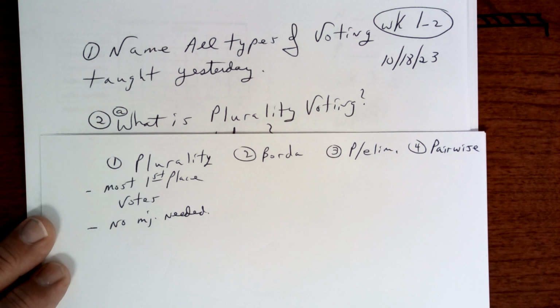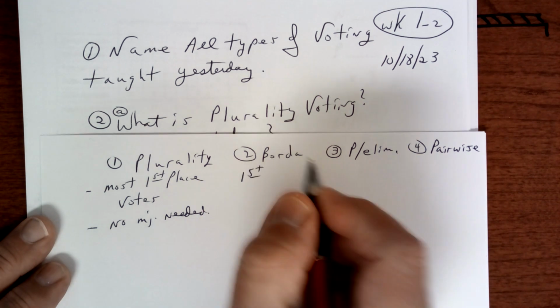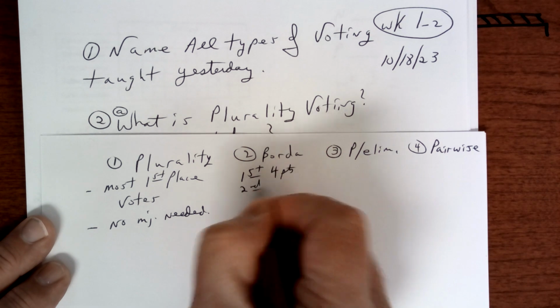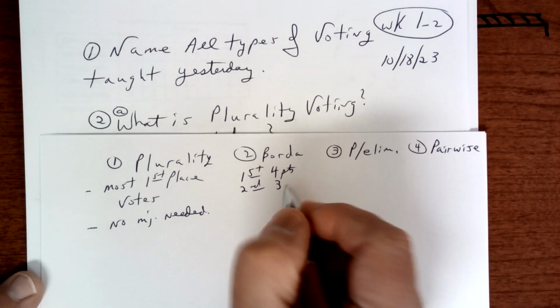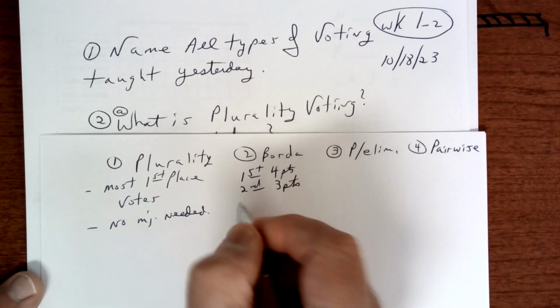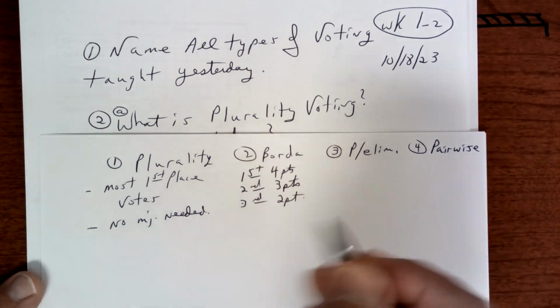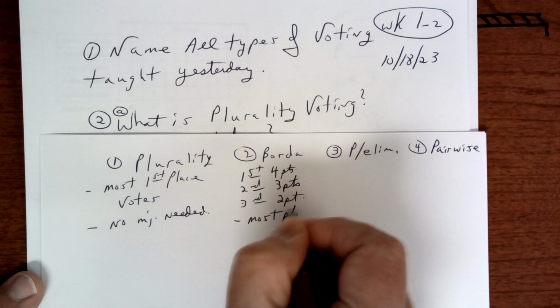The Borda method assigns points, like first place might get 4 points. Second place, excuse me, 3 points, etc. Third place, 2 points. And whoever has the most points wins.